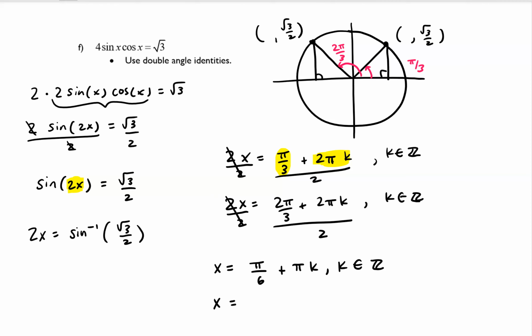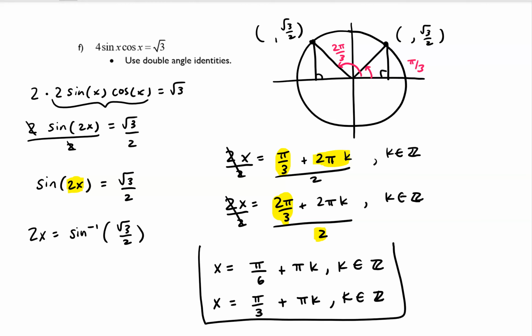And then my second part of my solution is going to be pi over 3, because 2 pi over 3 divided by 2 gives us pi over 3, and then we also need to divide the 2 pi k by 2, and that's going to give us pi k. And that will be our final answer for this example.